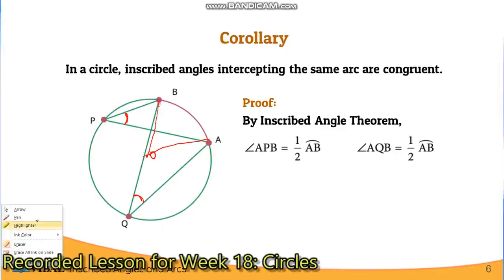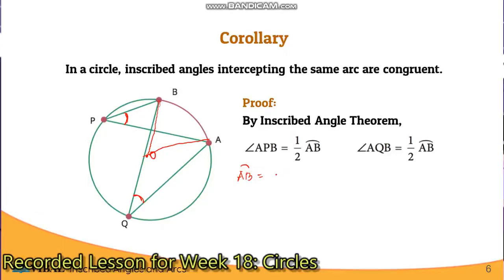Halimbawa, yung ating intercepted arc AB ay may measure na 40 degrees. Yung measure ngayon ng ating central angle, which is angle AOB, ay 40 degrees also.